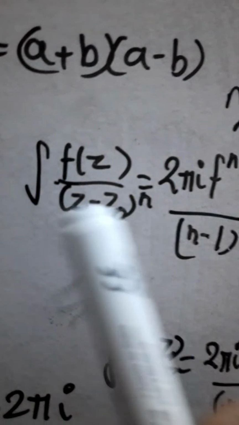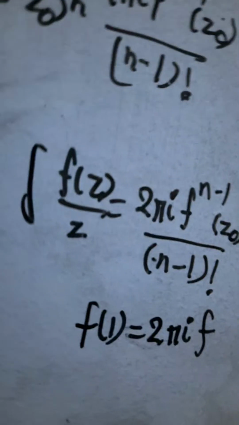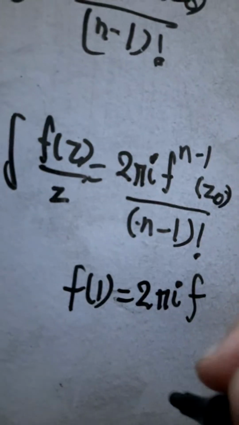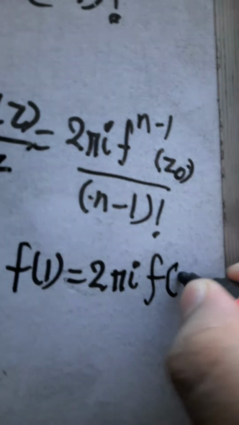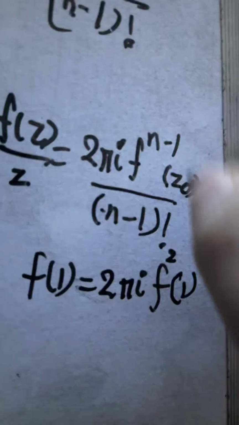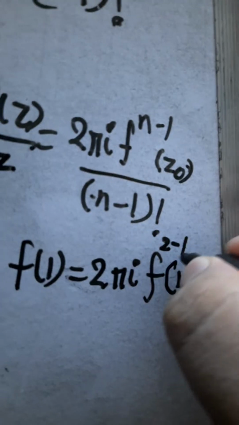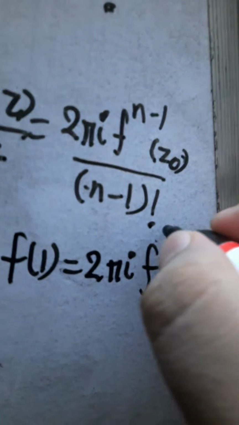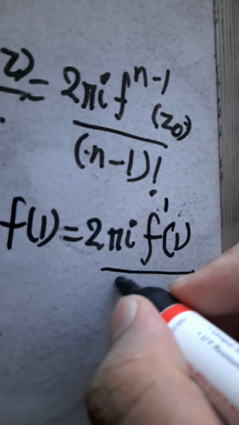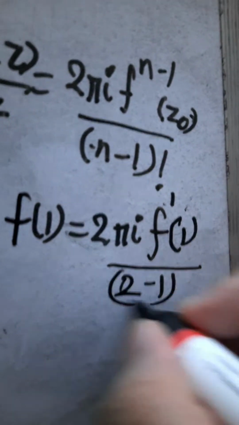So this is z minus z naught, z minus 1 whole square, so n is 2 here, right? So when n is 2 here, we have to take f of 1, right? This was inside, z naught, so we have to take f of 1 here, and here n is 2, 2 minus 1, it is 1, so we have to take the derivative once, by n minus 1, which is 2 minus 1 factorial.